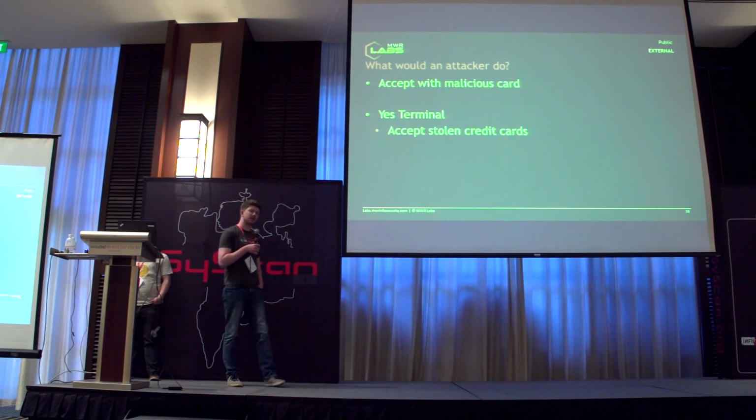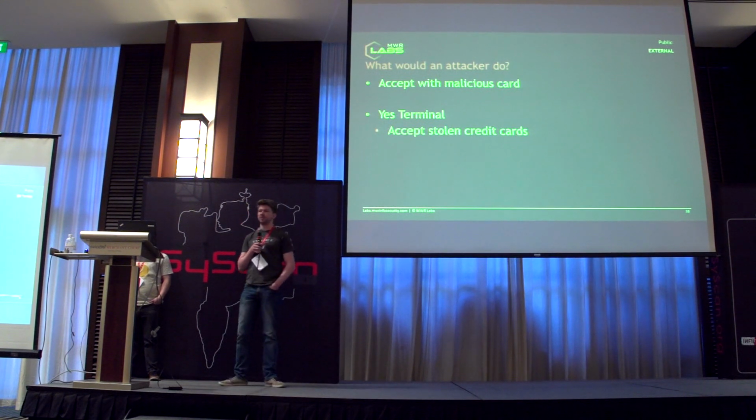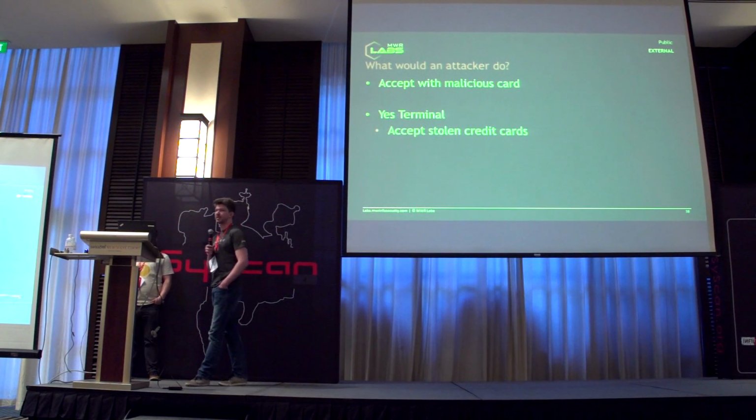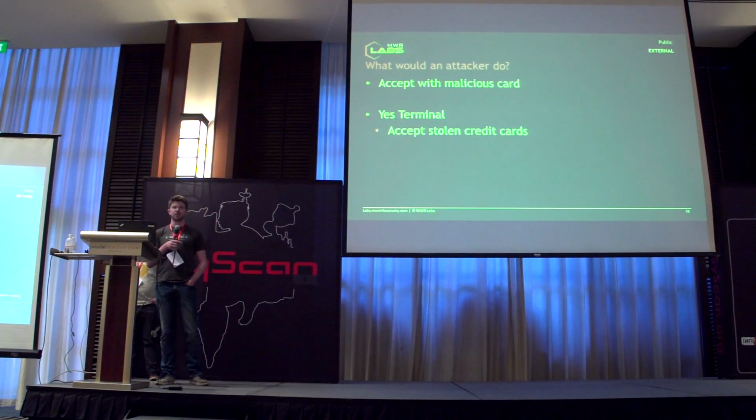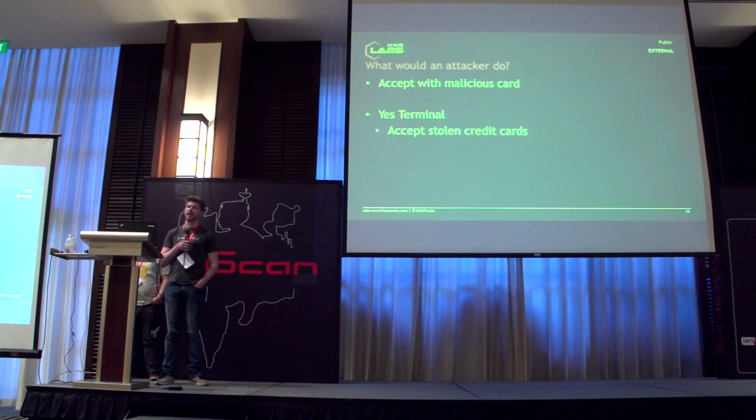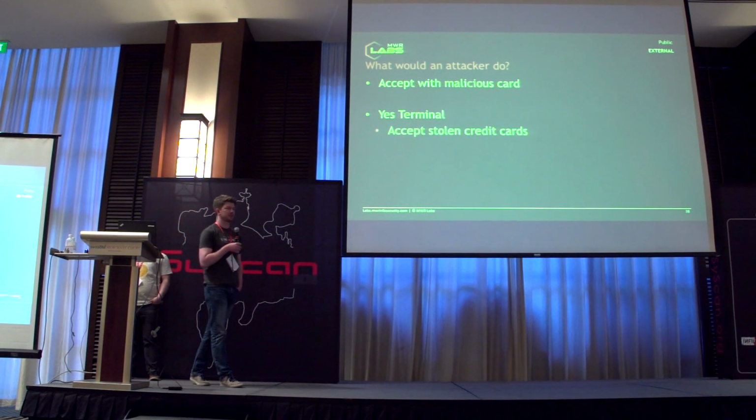If you change the terminal to accept every PIN, not even checking the PIN with the card, but just accept the PIN, so you could use a malicious card once to make changes to a terminal, and after that you would be able to use any stolen card, any stolen chip and PIN card on those terminals.